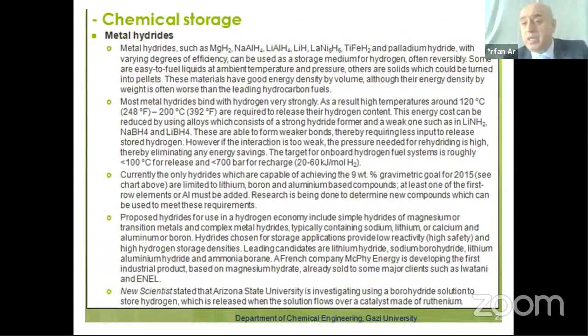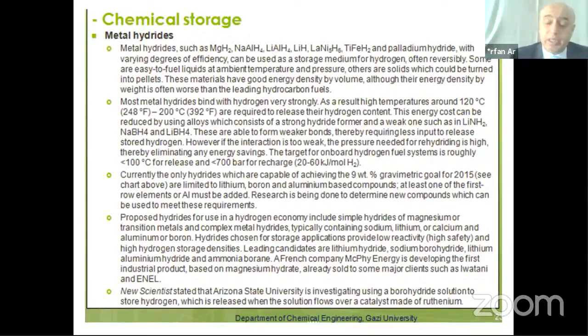These microspheres are being tried for use by the United States Army for mobile applications. Metal hydrides may be a very promising technology because light metals, lithium, magnesium, etc., are used for the hydrides.